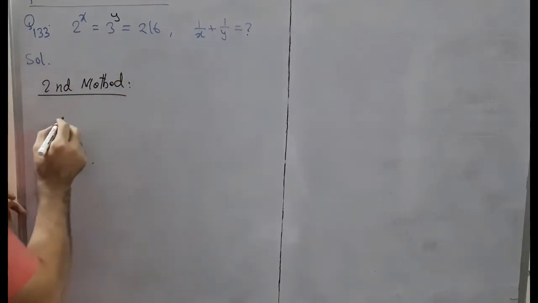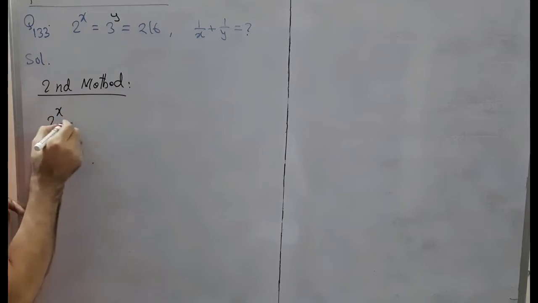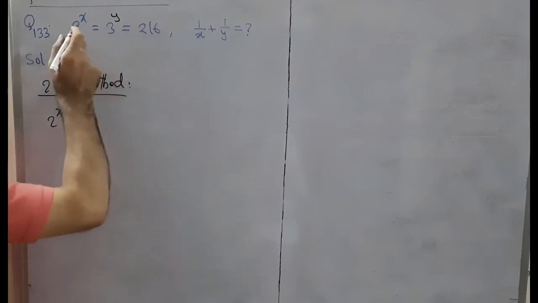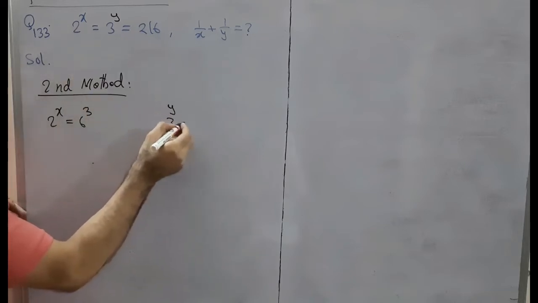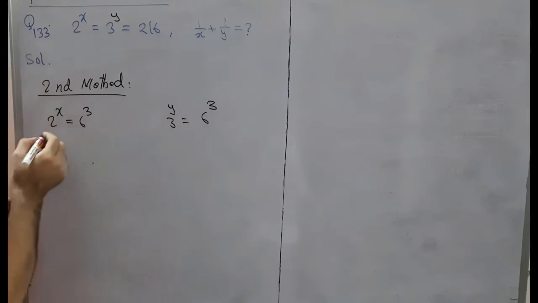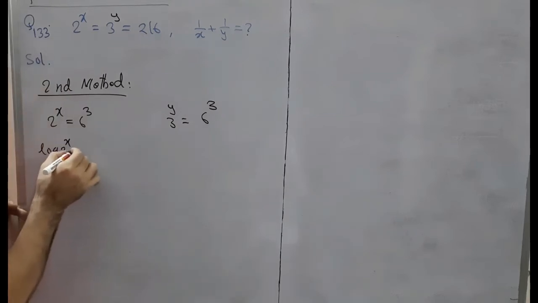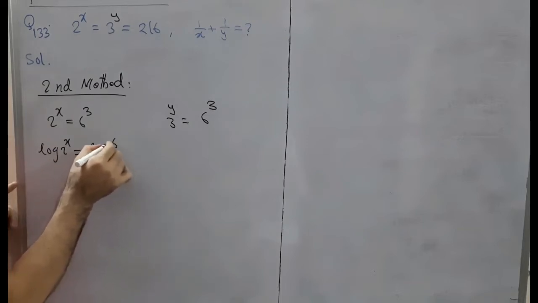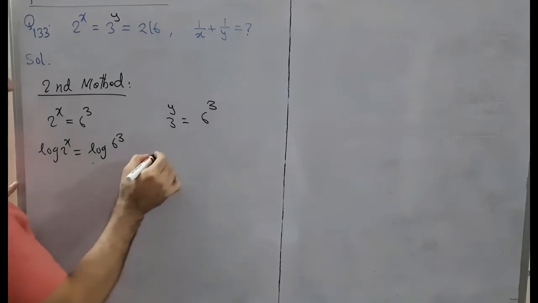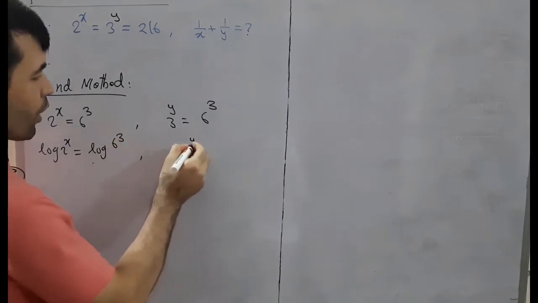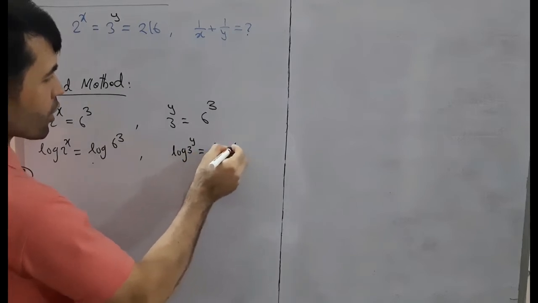We have 2 to the power x is equal to 6 to the power 3. 3 to the power y is equal to 6 to the power 3. We take log on both sides. Log 2 to the power x is equal to log 6 to the power 3. Log 3 to the power y is equal to log 6 to the power 3.